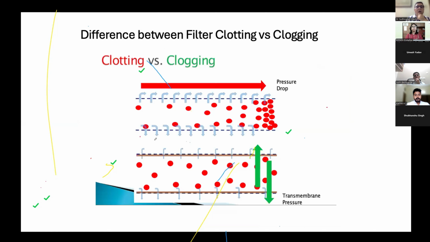Then coming to the difference between filter clogging and clotting. This is the simplest diagram which I can show you. Here you can see that the pressure drop happens due to the clotting itself, whereas the pressure drop doesn't happen in case of clogging. The TMP will be increased in both clotting and clogging.